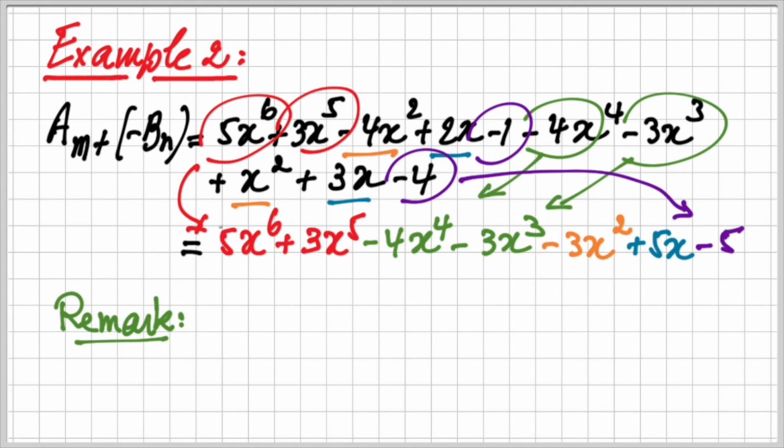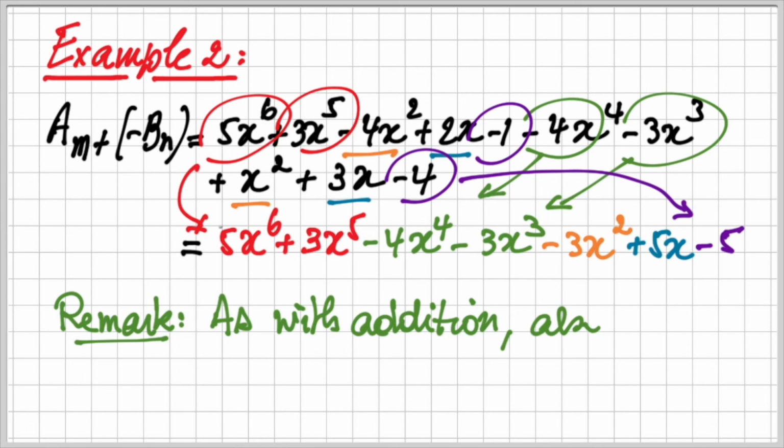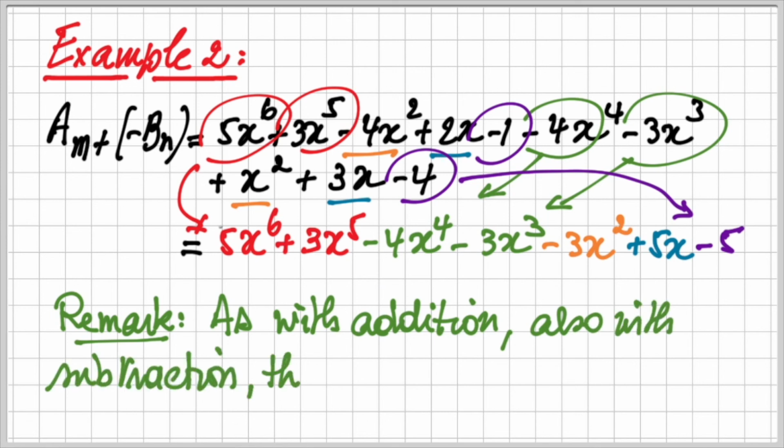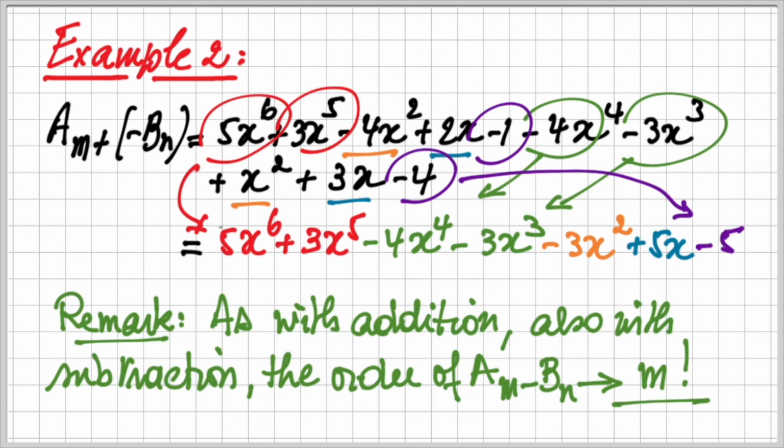Now, there is an important remark here, because when we were looking at the addition of two polynomials, we saw that the order of the sum of two polynomials is equal to the order of the polynomial with the highest order. In this case, m is larger than n, so when we do the subtraction, basically the new polynomial will have, in this case, the mth order.